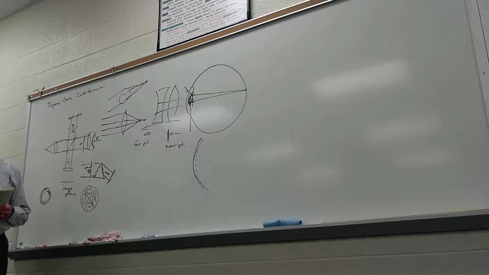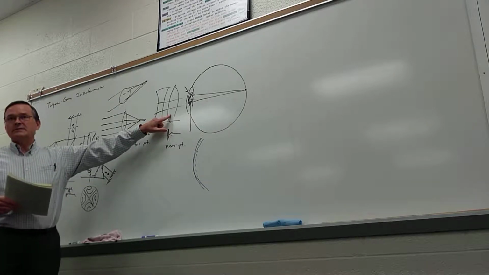So, if you're walking down the hallway and you see someone who's wearing glasses, it's trivial to tell whether they're short-sighted or farsighted, I mean nearsighted or farsighted. If you're farsighted, you need a positive lens.